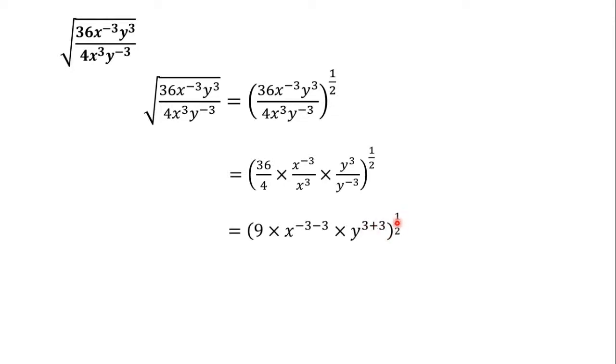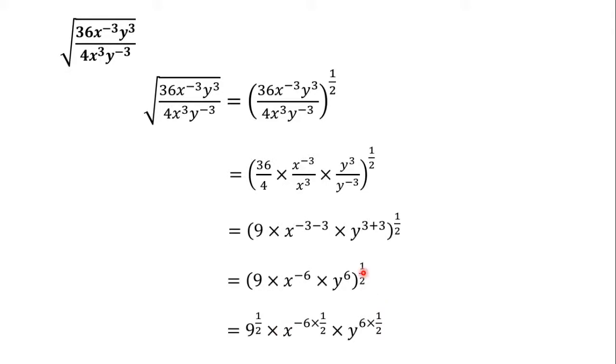We still have the exponent 1 over 2 here. So if we are simplifying, this is going to give us 9 times x exponent minus 6 times y exponent 6, raised to the power half, just as we have here. We learned from the properties of indices that if you have something like this, we can distribute half to each of the numbers or terms here.